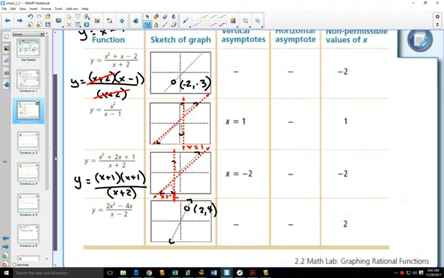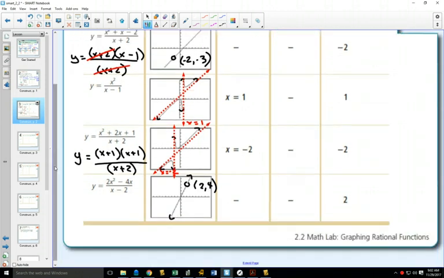And so can you see in the last one I have a common factor I can factor out of the top. There's a 2x in common, leaving me with x minus 2 over x minus 2. Those simplify. And so this equation just becomes y equals 2x, which is a straight line with a y-intercept of 0 and a slope of 2.